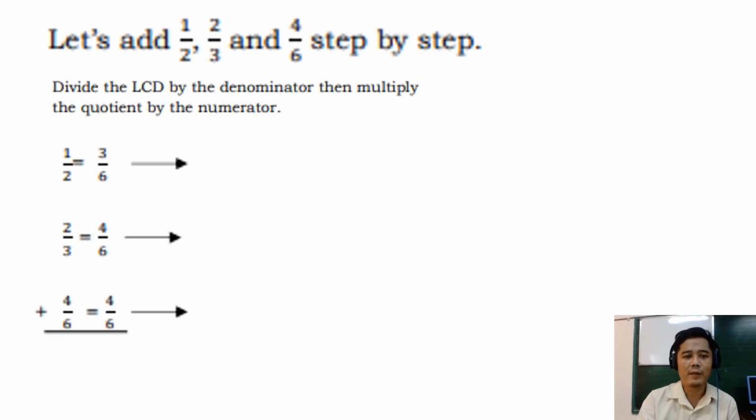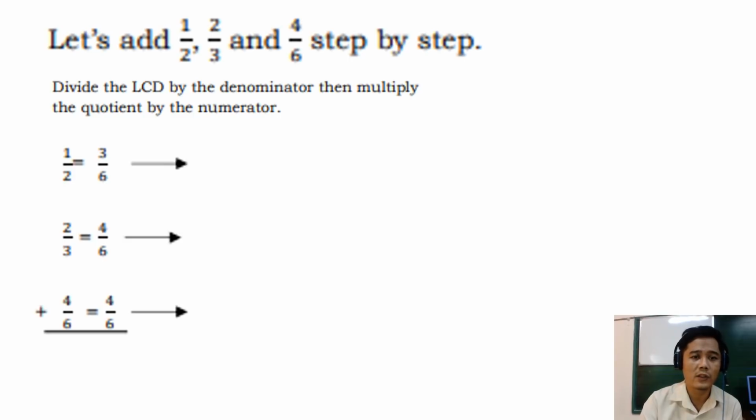Ang second step naman natin, divide the LCD by the denominator, then multiply the quotient by the numerator. So given na siya agad yung nawawala nating numerator kanina. So ulit, ang itatanong natin, bakit may 3, bakit may 4 dito? Paano siya nakuha?